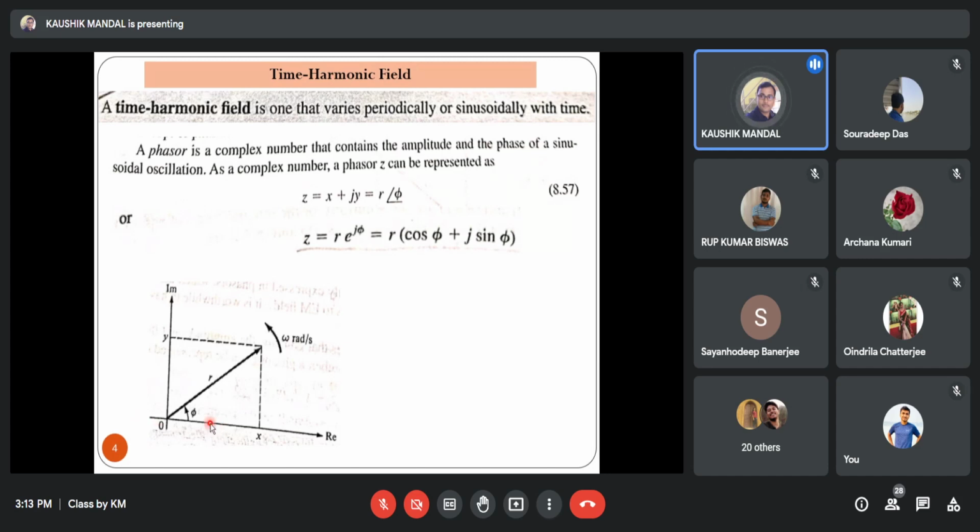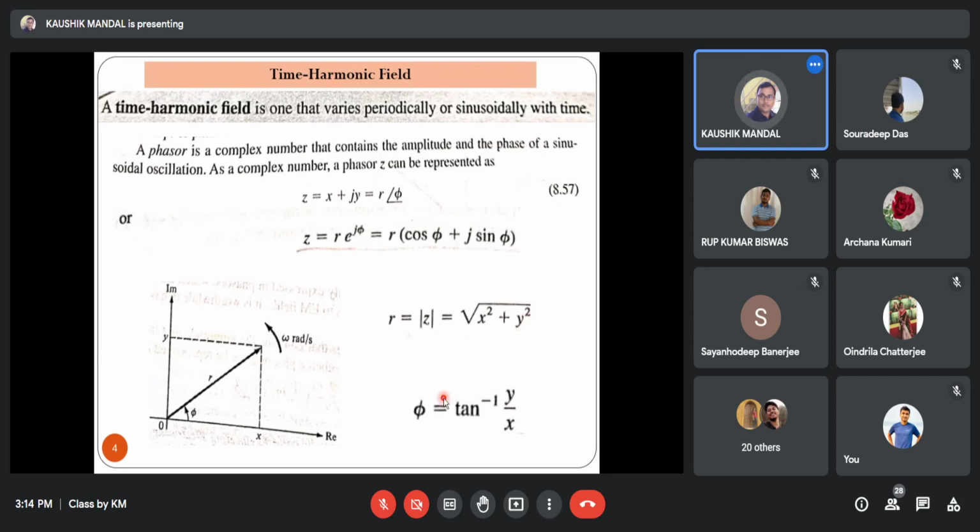This is the graphical representation of the corresponding phasor r. This is the x component, this is the y component. The angle between r and x is phi, and omega is the angular frequency. From this complex representation of the phasor, r is nothing but the mod of z, that is equal to root of x square plus y square.